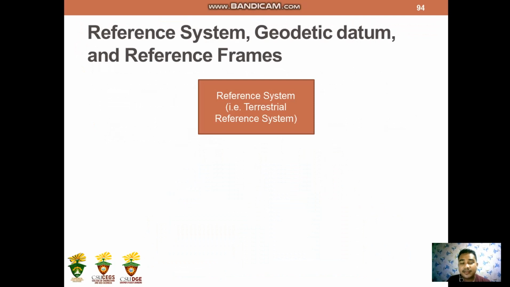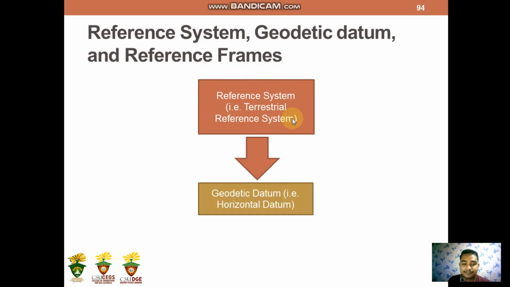For the relationship between the reference system, geodetic datum, and reference frame: we start from the reference system, which is the whole concept of the system. An example of a reference system is the terrestrial reference system. Its output is the geodetic datum, by realization of the reference frames.